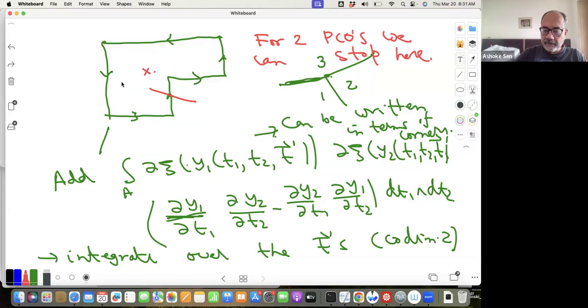Because now you have to check if these rectangles enclose a non-trivial cube, and if it does, then you have to integrate over that cube. The integration measure will again be like this, del xi, del xi, del xi, a 3-dimensional integral. And that again can be expressed in terms of the corner points. So this is the way we can get an unambiguous result out of this vertical integration procedure.